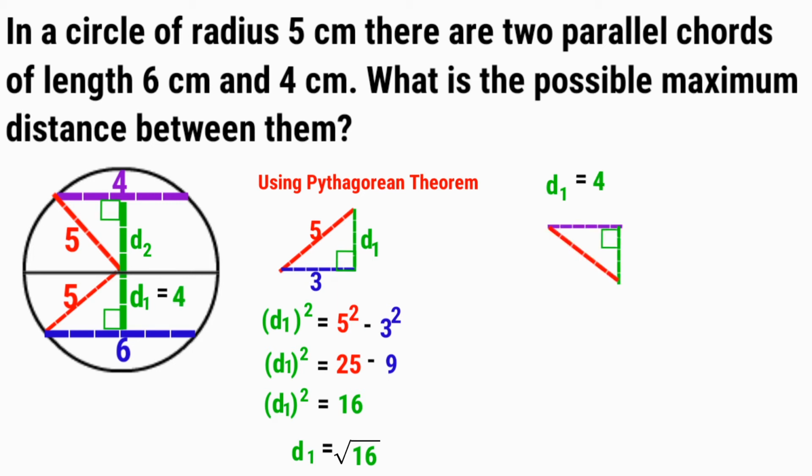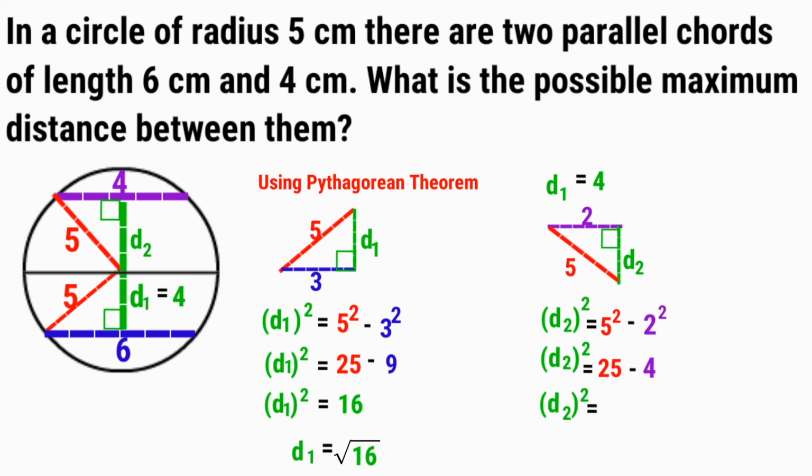For our second right triangle, the 4 centimeter chord will become 2 centimeters. The 5 centimeter radius is the hypotenuse, and d2 is the opposite side. Using the Pythagorean theorem, d2 squared is equal to 5 squared minus 2 squared. 5 squared is equal to 25, and 2 squared is equal to 4. So d2 squared is equal to 25 minus 4, which is 21.